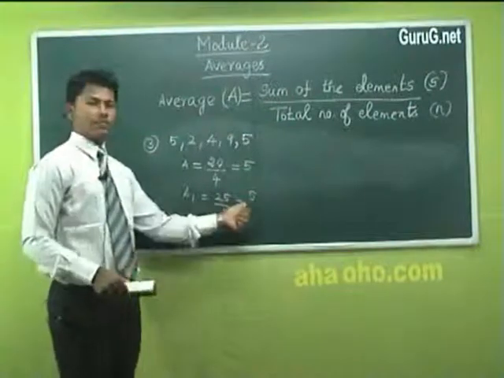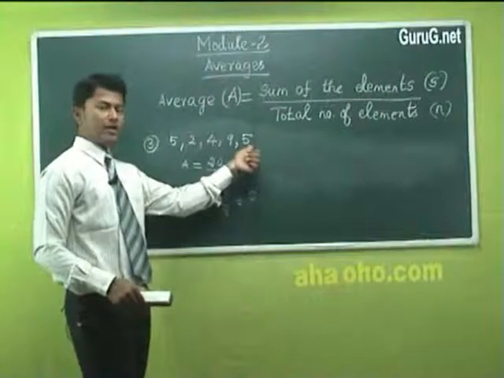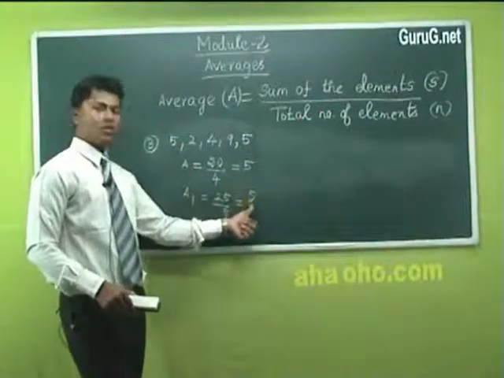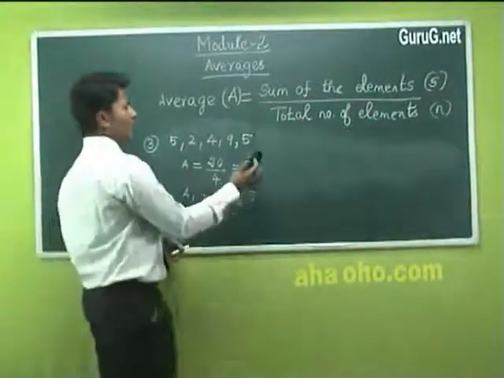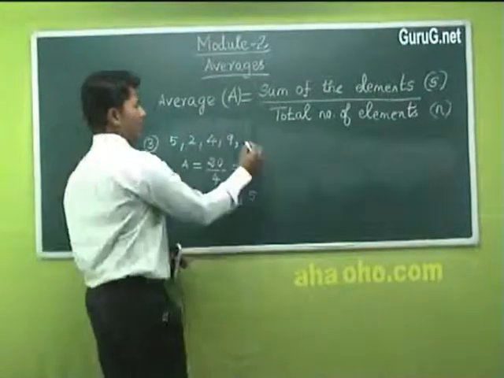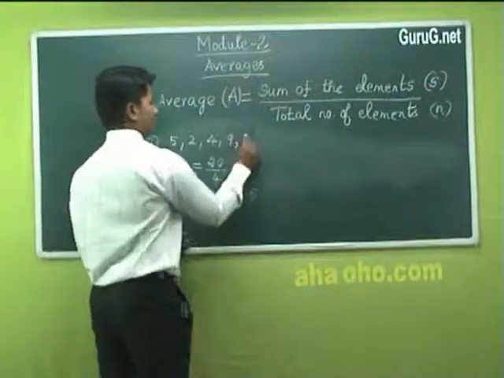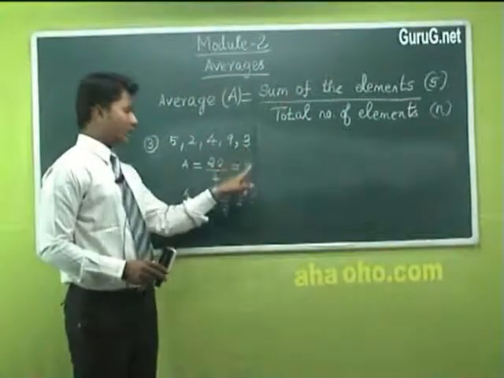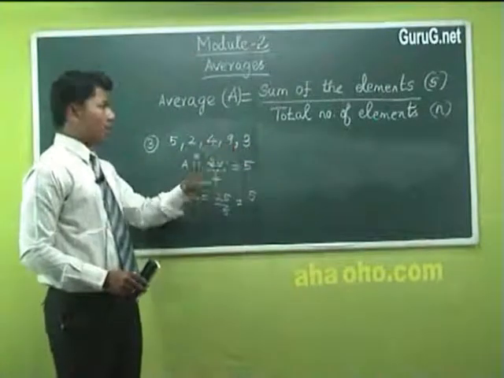Average remains the same. When you are adding an element that is equal to the value of the average, the new average will also be the same. There will not be any change. What happens if you add a new element, say 3? Now you are adding an element that is lesser than the average of these four numbers.